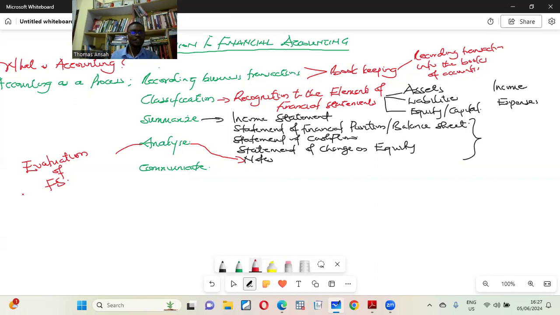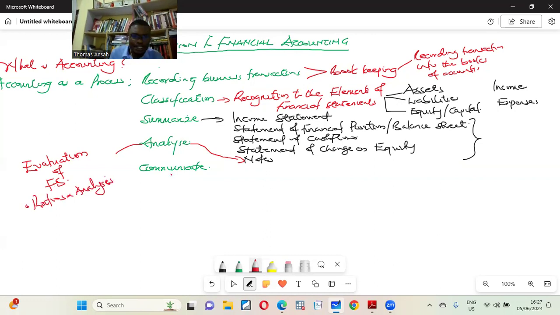If you put in the figures and you present, people may not understand. But what you need to do is to go on and explain what the figures mean. So you do evaluation, and that is where you learn something called ratios and analysis. You will do that analysis.